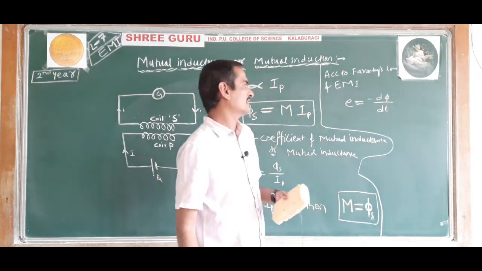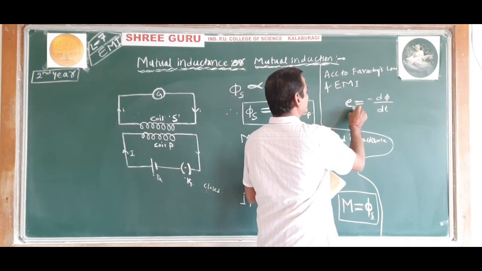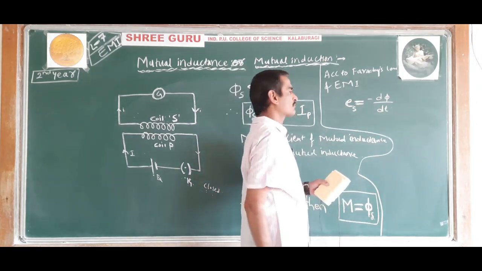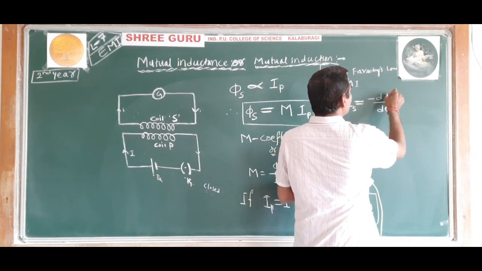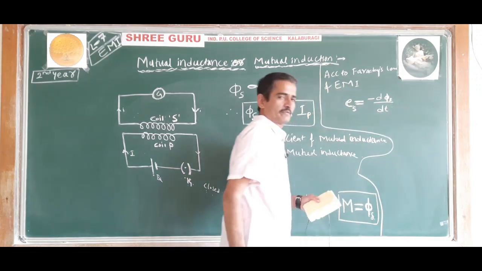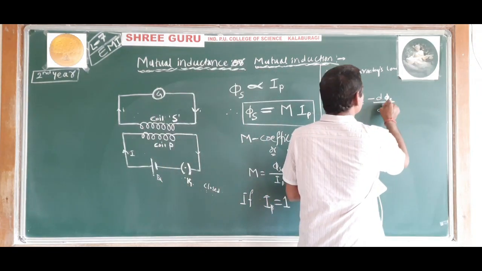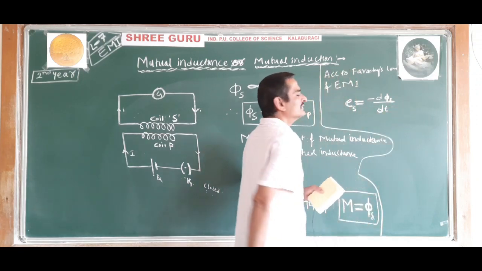The EMF induced in the secondary coil is equal to minus d phi s by dt, where phi s is the magnetic flux in the secondary coil, that is, the rate of change of magnetic flux linked with the secondary coil.